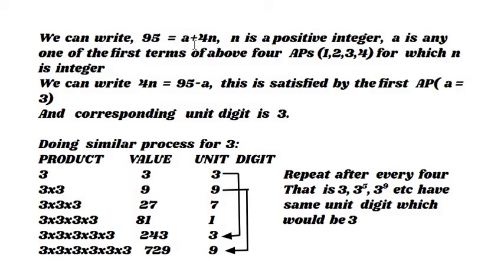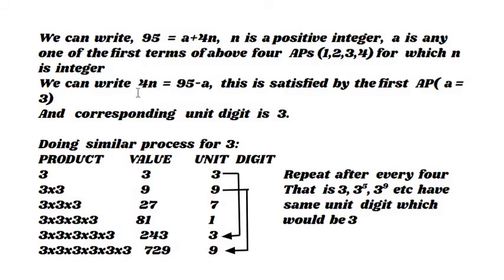In question 1 we were finding which AP 105 belonged to. So here we wrote 95 as this. A can be 1, 2, 3, 4. We can write 4n is equal to 95 minus a. Now 95 minus a should be a multiple of 4.